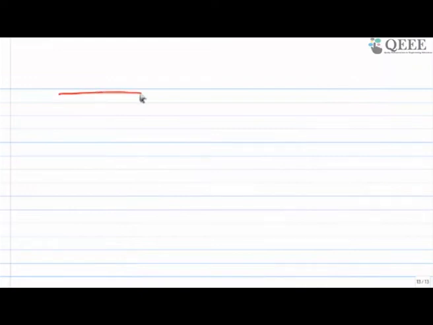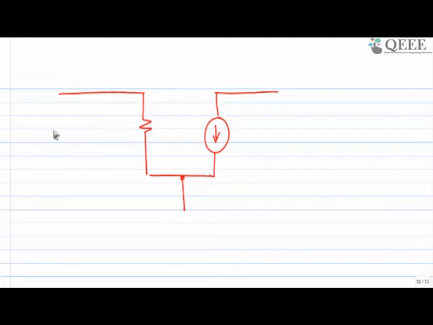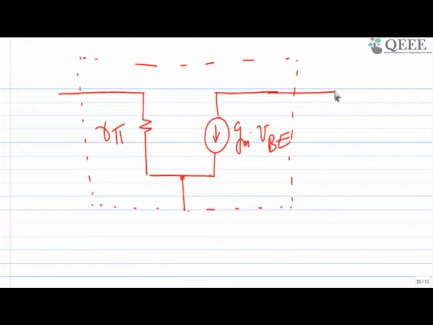So now if we replace those Y11, Y12 and all those parameters, we are going to see here R pi, and we are going to see here GM VBE. This is emitter, this is collector, this is emitter, and this is base.